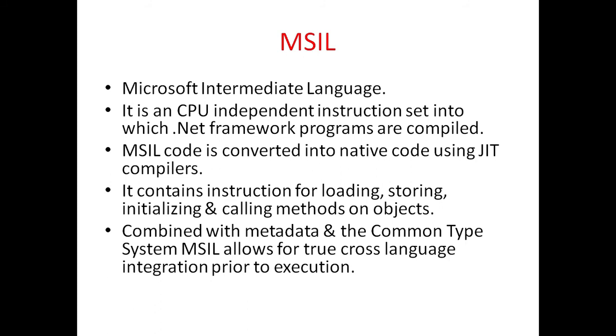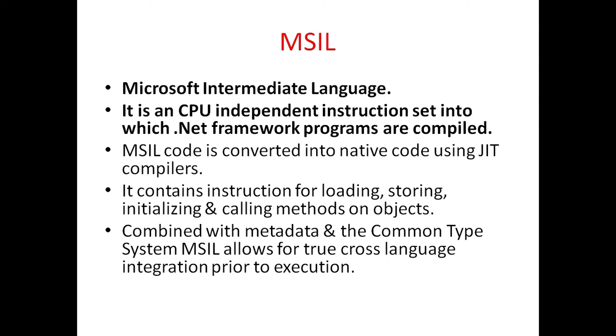Next is Microsoft Intermediate Language, MSIL. MSIL is a CPU independent instruction set into which .NET Framework programs are compiled. .NET programming languages like C# or VB do not compile into executable code. Instead, they compile into intermediate code called MSIL. This MSIL code is then converted to native code using the JIT compiler, which is dependent on the CPU.